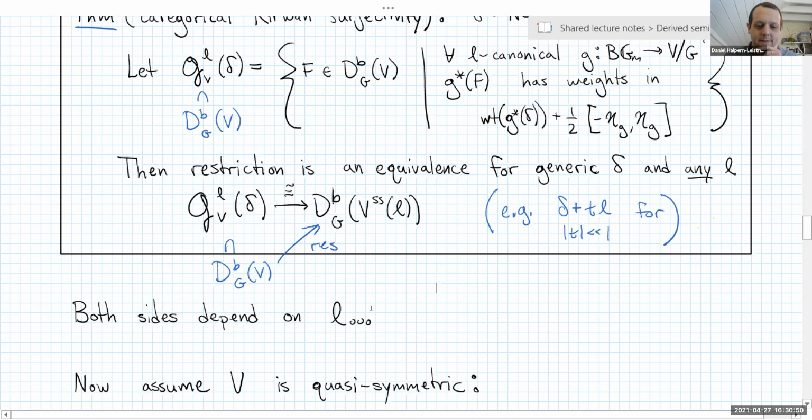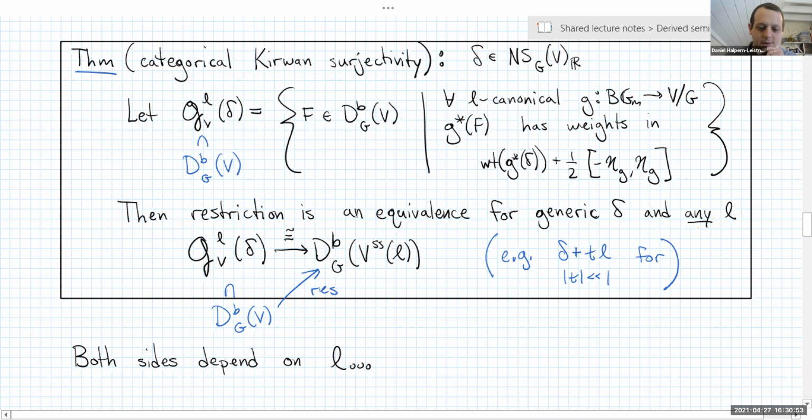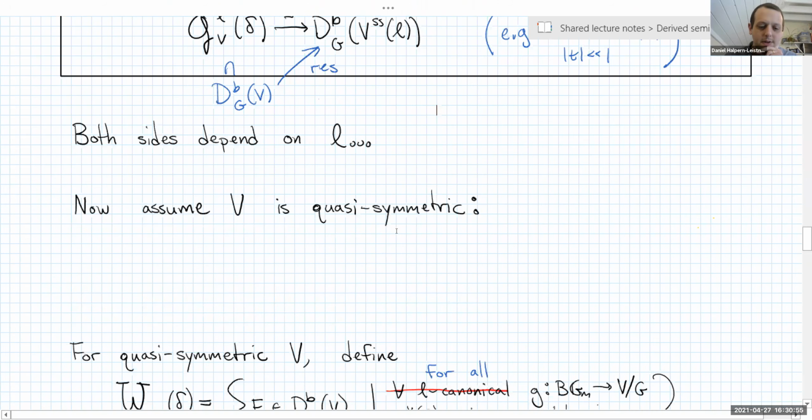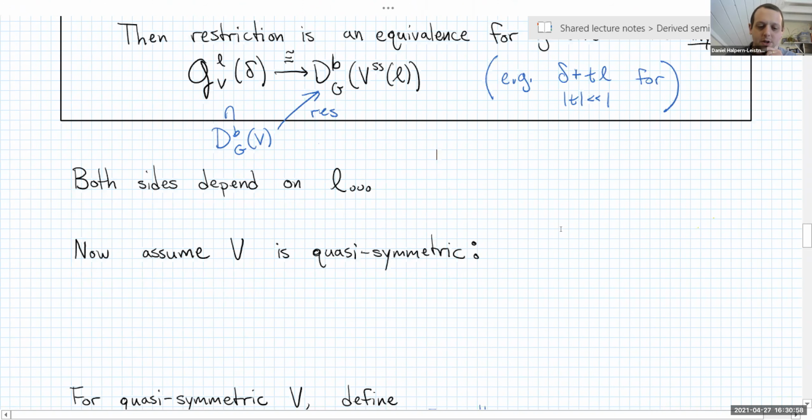Right, so basically this is a version of what I did with my thesis. Now I want to specialize to when V is what's called a quasi-symmetric linear representation. By definition, you have the weights of V, let's call them beta 1 through beta n, and they live in the character lattice, the weight lattice.